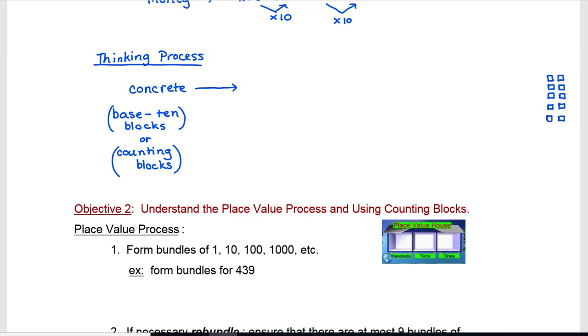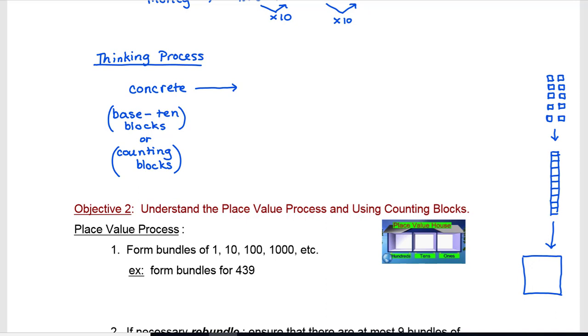Well, what I can do is exchange them for a row of 10. Okay, and so then I would exchange them, I would bundle them together. Then if I had 10 of those lined up, we have something that looks like this. Okay, those are base 10 blocks. Kids get to play with those.